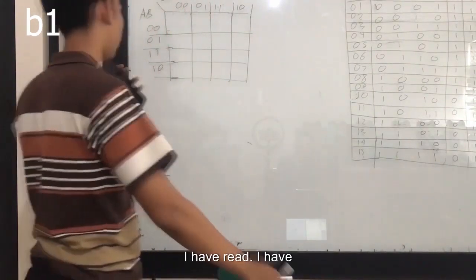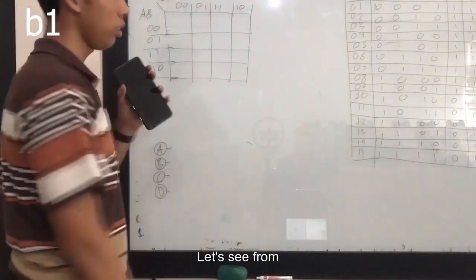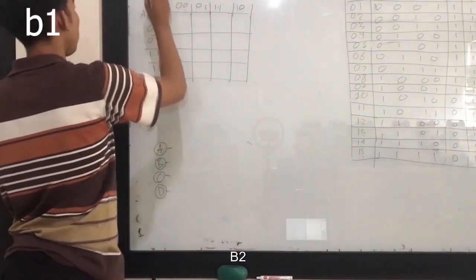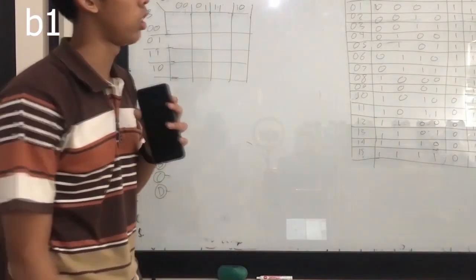Okay, I have drawn the kernel map. Let's see from B2 what the values are and input it to this.